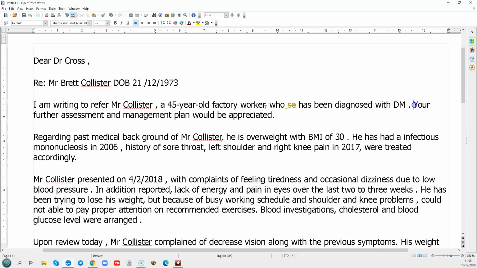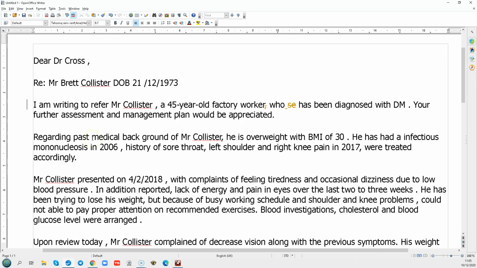Now, I keep saying this sentence, I keep telling you, what do you put this for? Your further assessment and management plan would be appreciated. Appreciated by whom? All you've got to do is say, I'm writing to request your further assessment and management plan for Mr. Collister, who has been diagnosed with DM. Then, if you've got the age there, you can talk about this factory worker in the background.